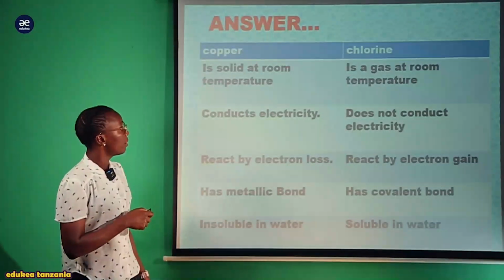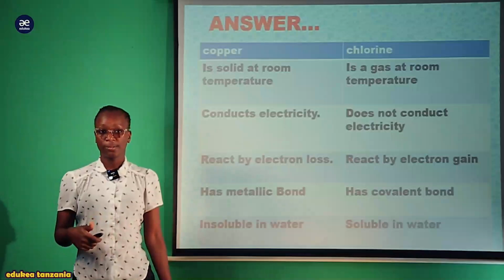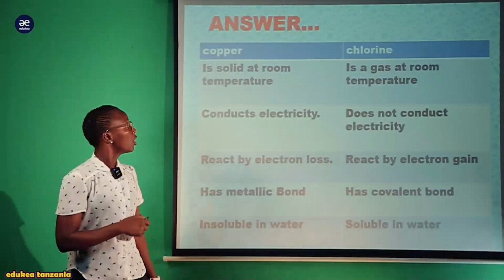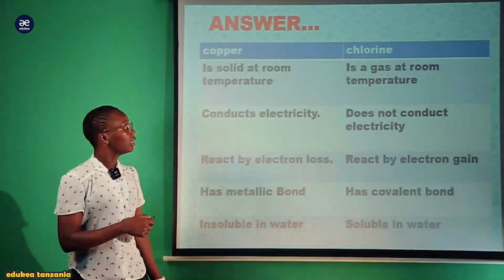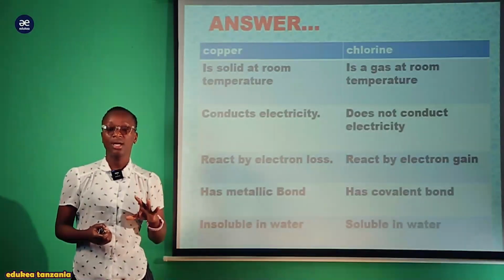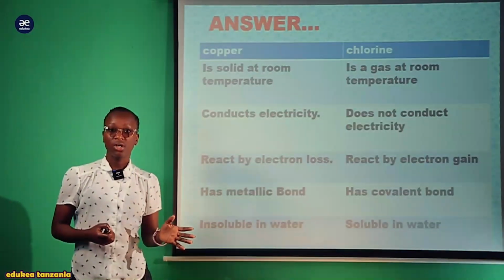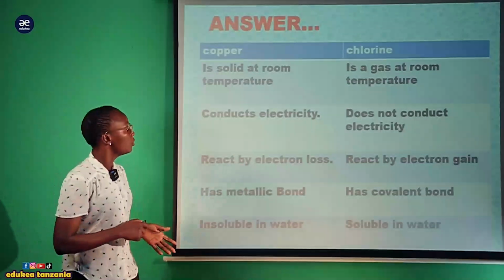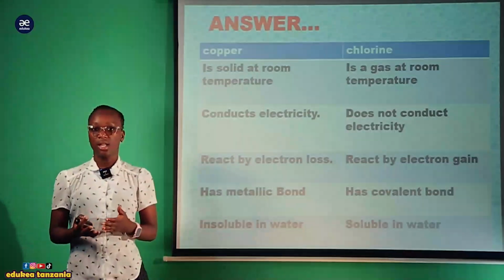Tulikuwa na element ya copper, but also tulikuwa na element ya chlorine. Now you have to pass through. Copper is a metal, lakini chlorine is a non-metal. So obviously we'll go through the properties za metal and non-metal, so as you can be able to differentiate these elements.